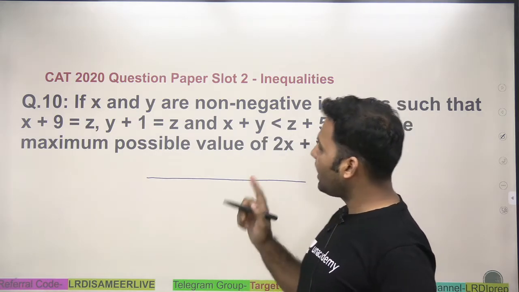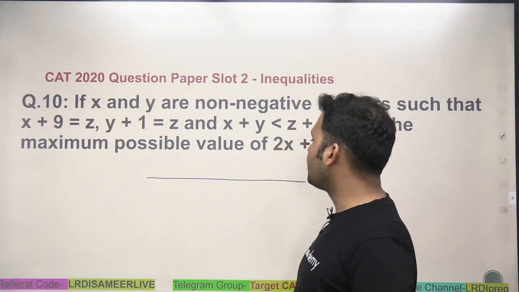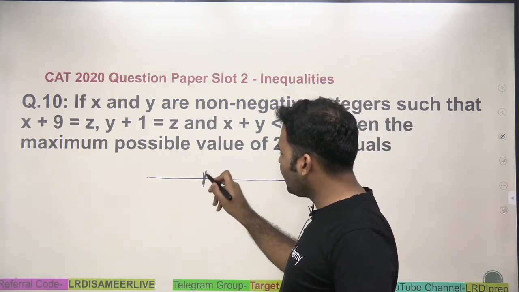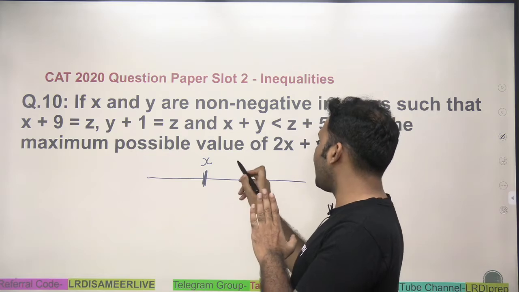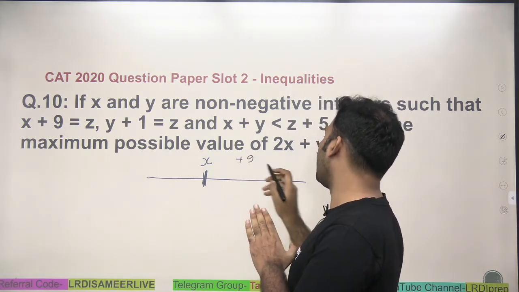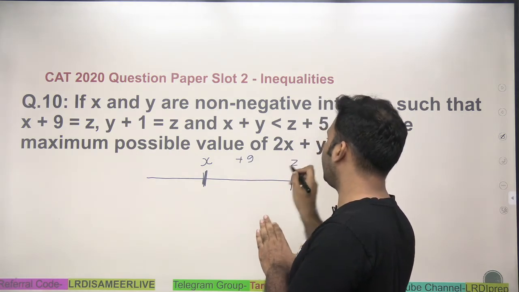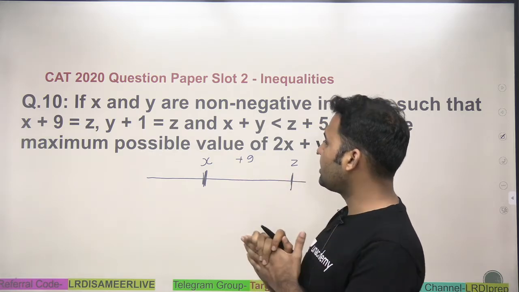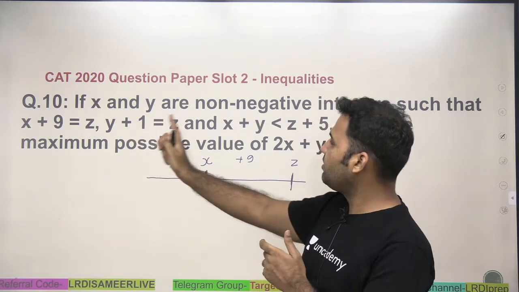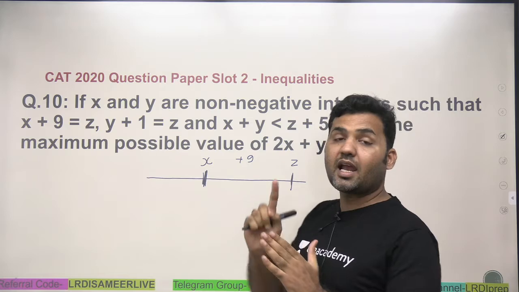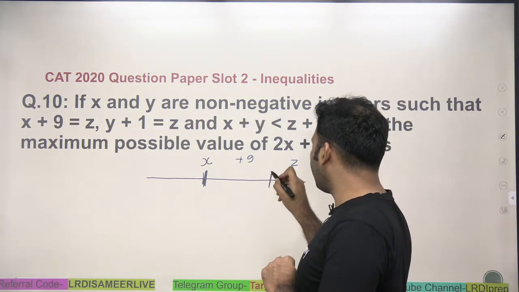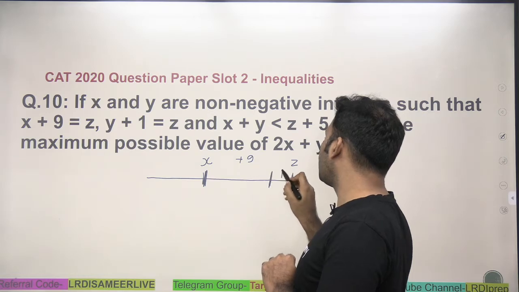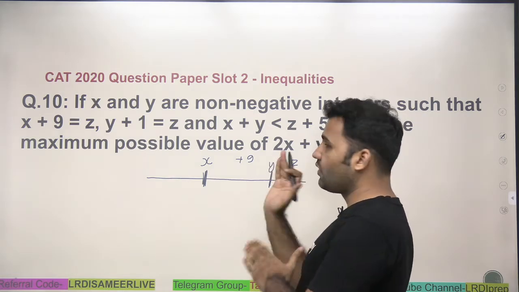When I say that x plus 9 is equal to z, that means x is this unknown value, and when I add 9 to it, I get a value equal to z, right? z is equal to x plus 9. And because y plus 1 is equal to z, when I add 1 to y, I get the value of z. That means y would just be 1 unit behind z.